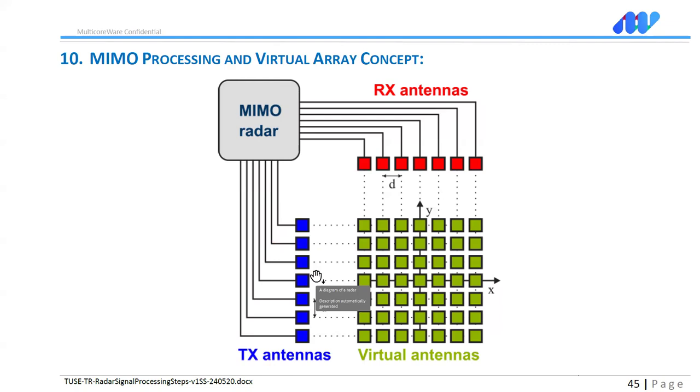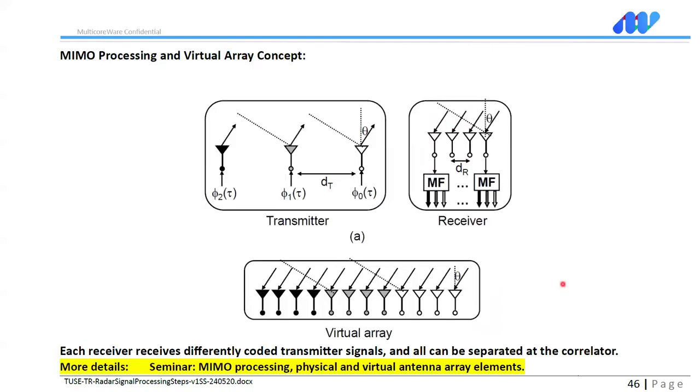So what you do is you virtually create 7 different receivers at each receiver. So that makes a total of m times n virtual receivers. That's what it says, and again, that's a topic in our lecture series.